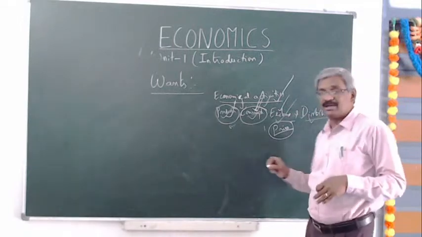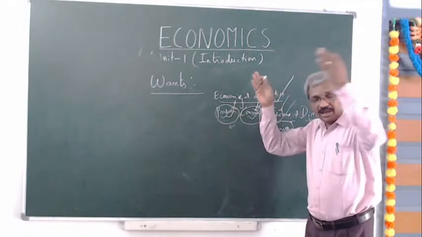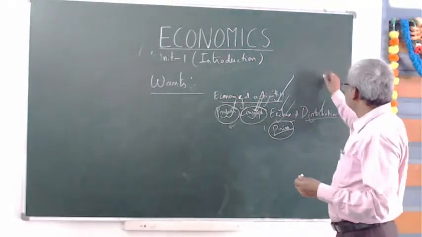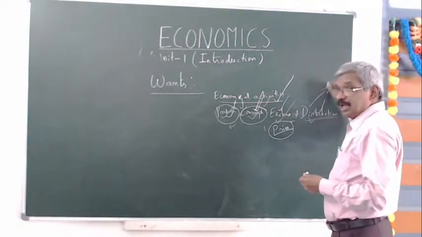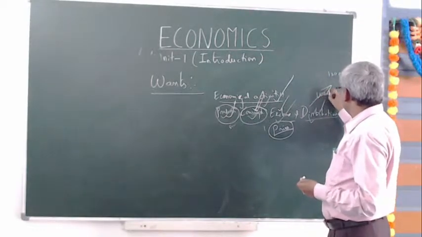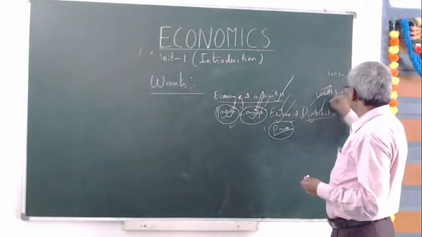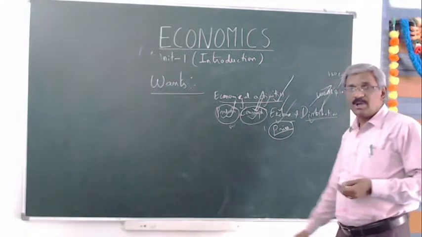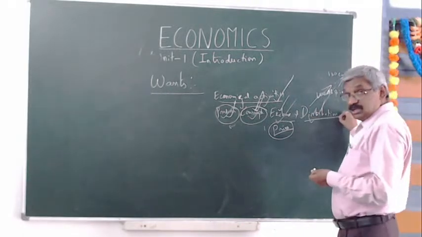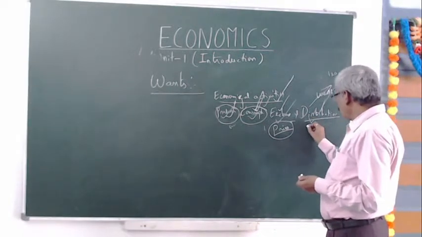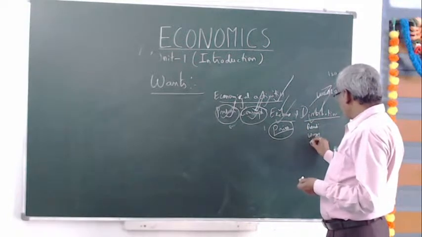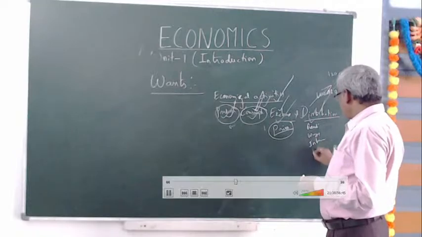And distribution: the country's wealth or income is distributed equally to all the people. The 130 crores of Indian people, this wealth and income is distributed to all the people, either at micro level or macro level, through rent, wages, interest and profits.